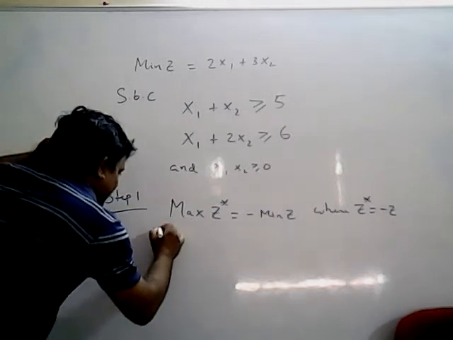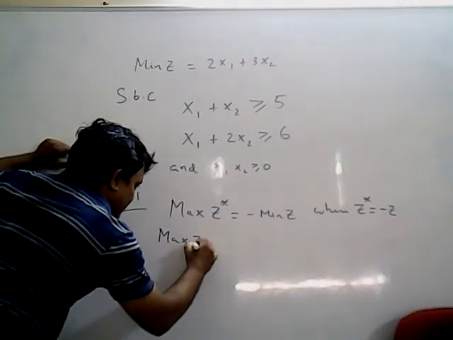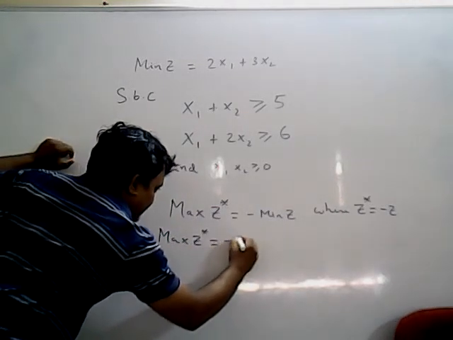So that means this is nothing but maximum z star equals minus minimum z.